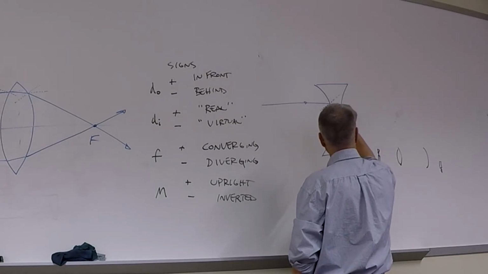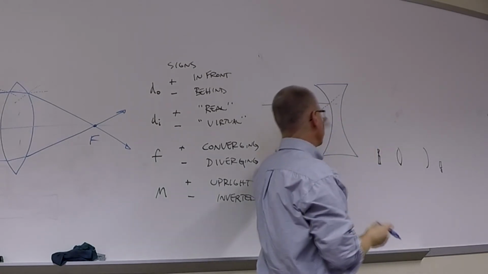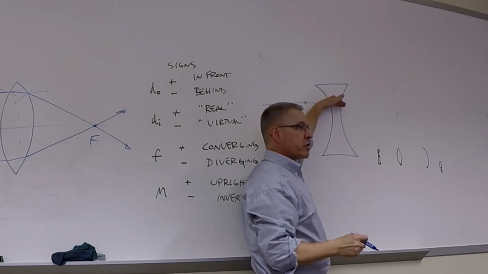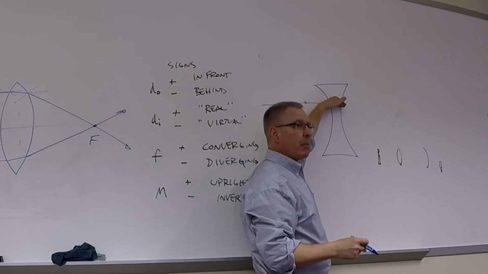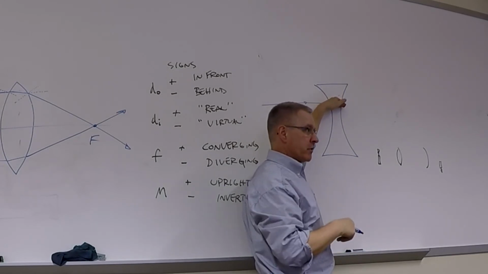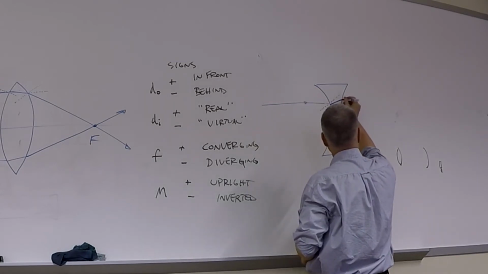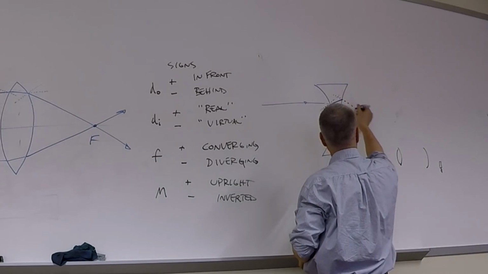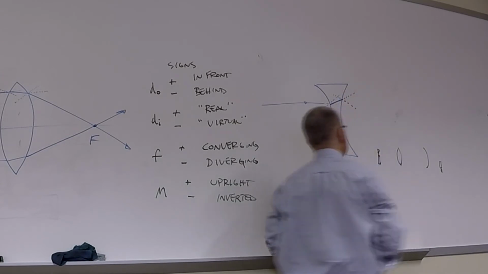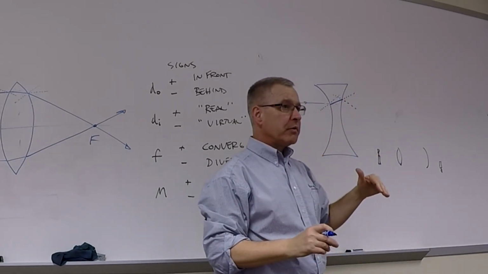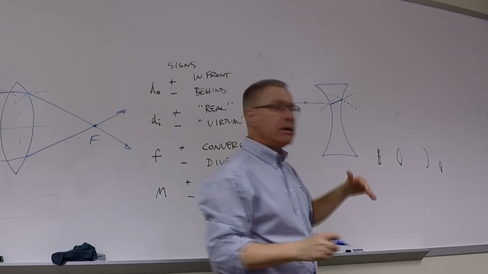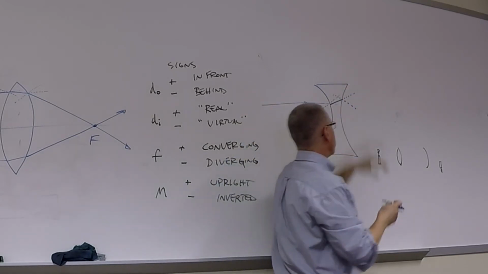Here would have been straight through. I'm going from low to high index of refraction, so I'm going to bend towards the normal line. But in this case, because of the way that surface is shaped, that's up. I get this interface. Here's the normal line. Here would have been straight through. I'm going from high to low index of refraction. That bends away from the normal line, but that's also up.